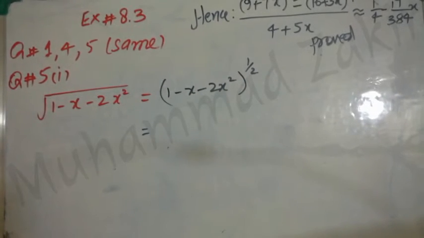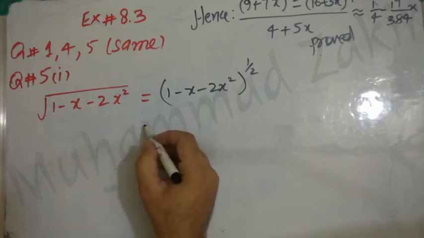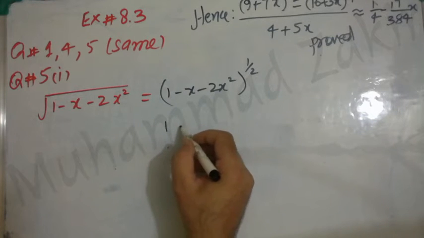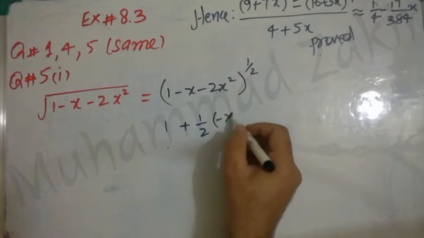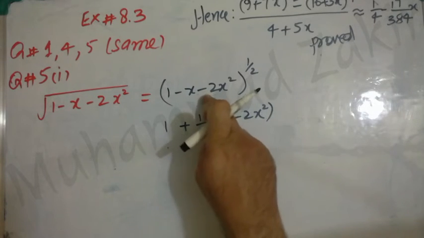After it we expand it. How we expand? We expand it up to 3 terms, up to x square. x cube and higher powers will be neglected. So dear students, look, it will be 1 plus nx. This acts as x here, right? This is x.